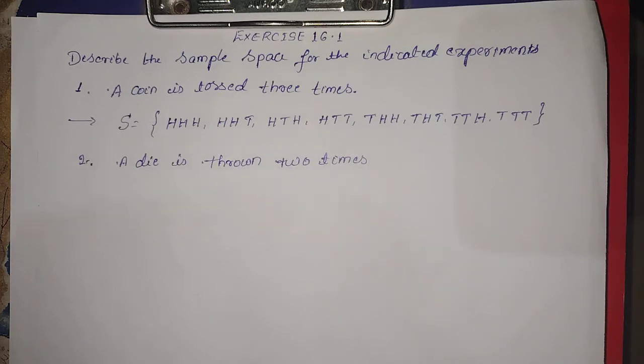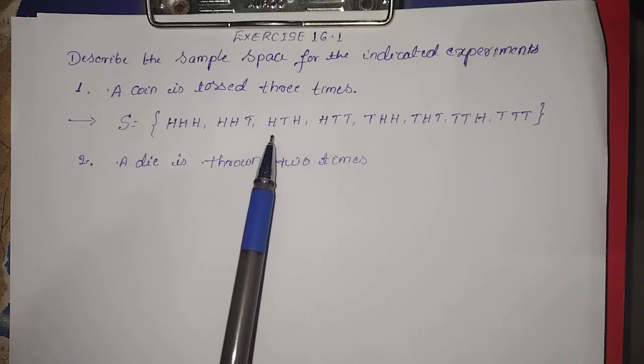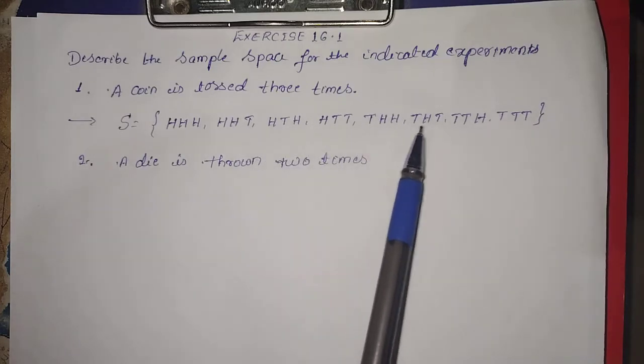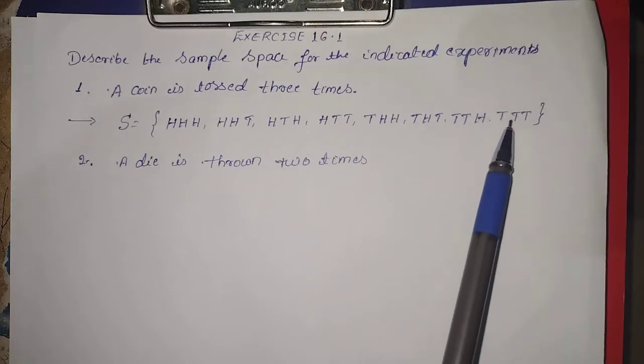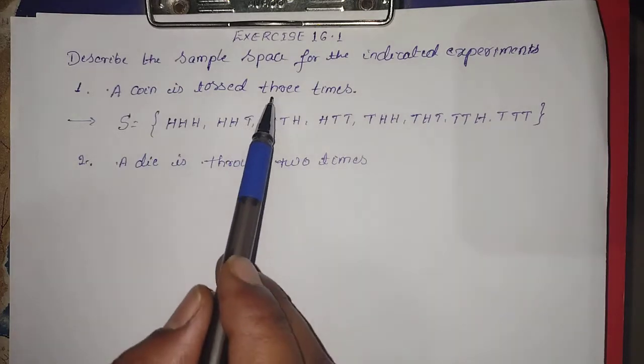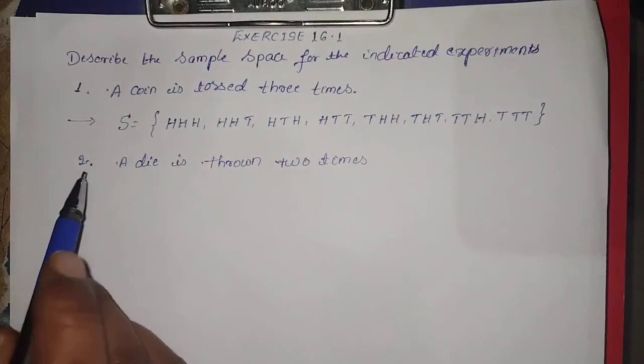The sample space S is equal to HHH, HHT, HTH, HTT, THH, THT, TTH, TTT. So these are the sample space. Understood? A coin is tossed how many times? 3 times.